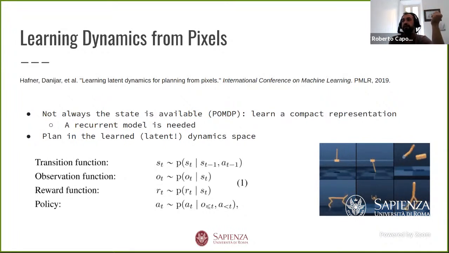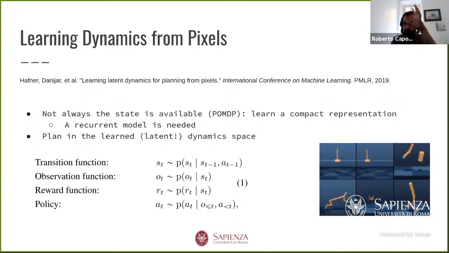The idea here is that if we learn a complete representation, then we can use that for planning. And given that we're dealing with a partially observable Markov decision process, we generally need a recurrent model. Then we can plan in this learned latent dynamic space exactly as MuZero was doing.